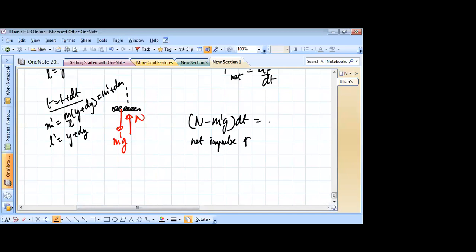The change in momentum in the upward direction, which will be dm into v. Because that particle dm coming down, its momentum changes to 0. So that is why you will see that the normal reaction is equal to dm by dt into v plus m prime g.